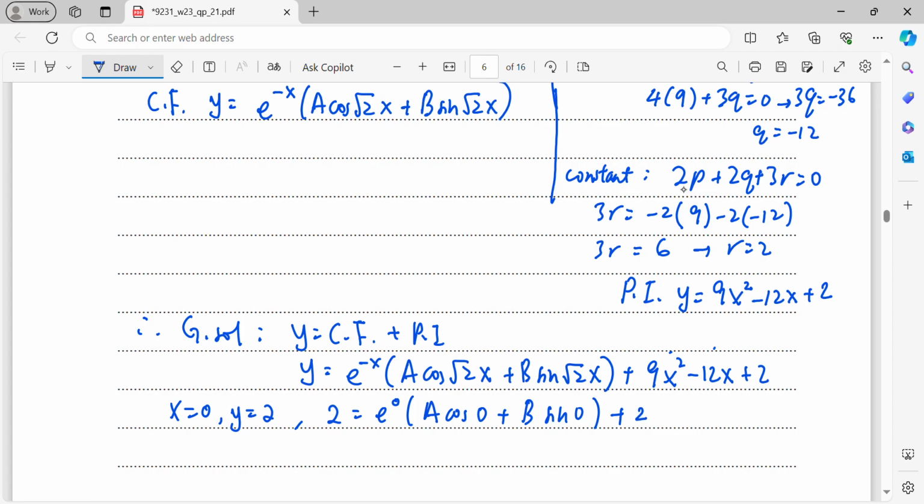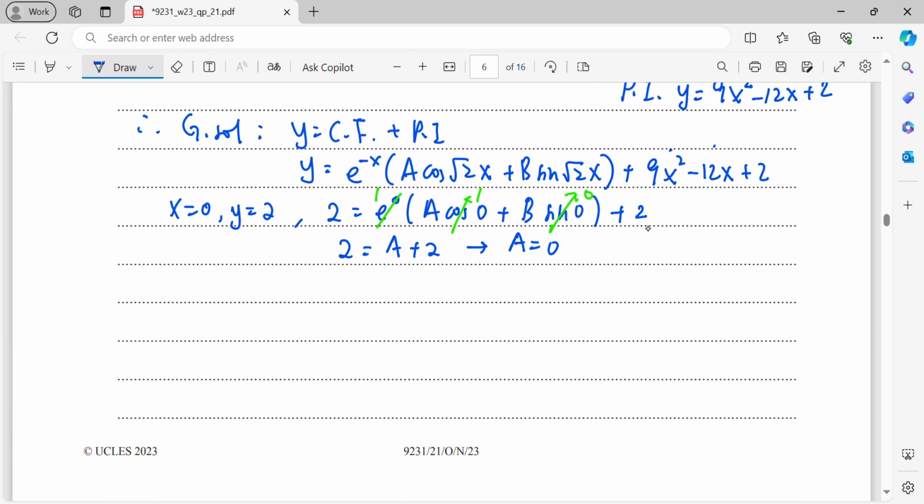For your info, sine 0 is 0, cos 0 is 1, e to the 0 is 1. So which means I will be getting 2 is 1 times a, so just a, then plus 2. Which means now your a is basically 0.